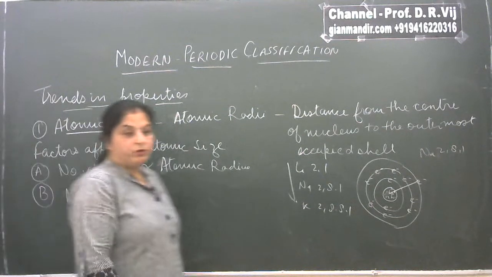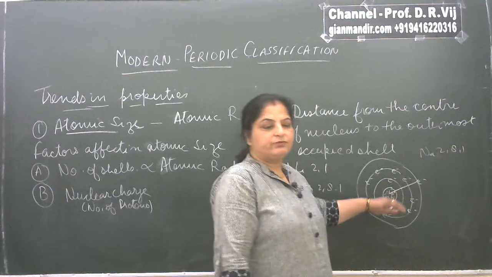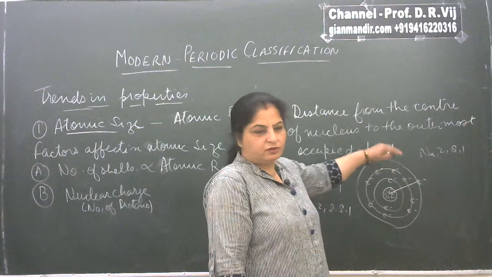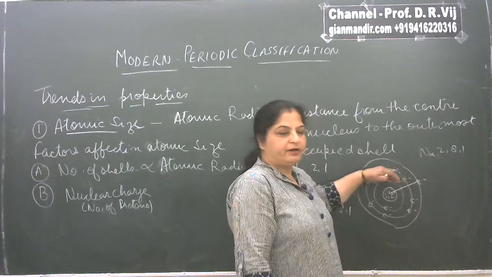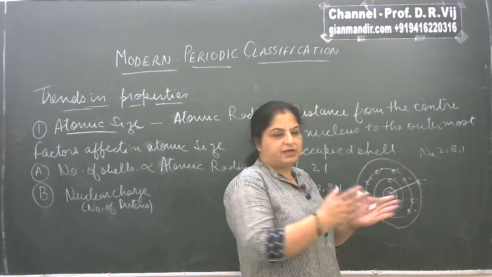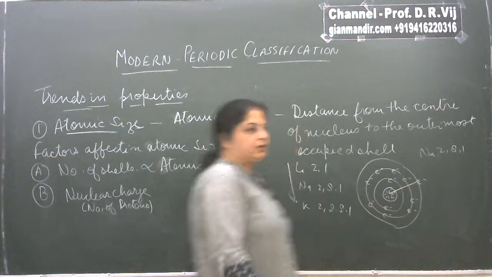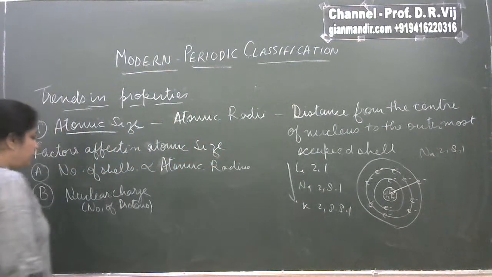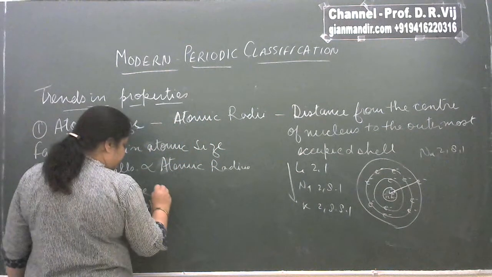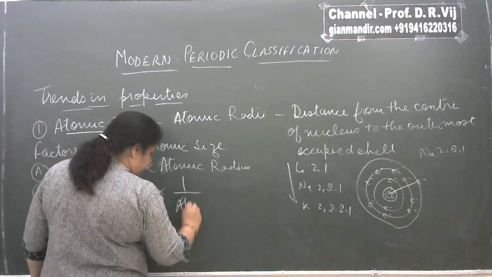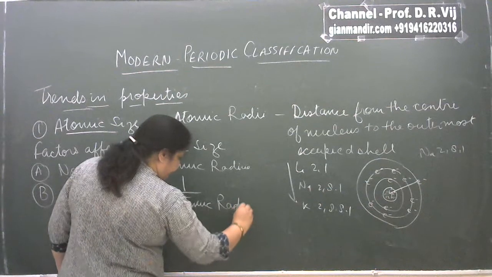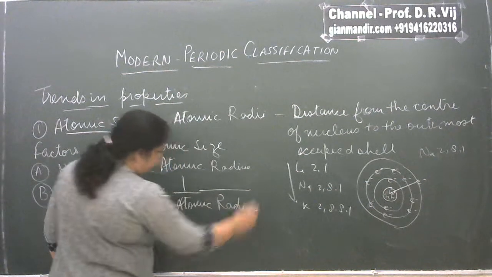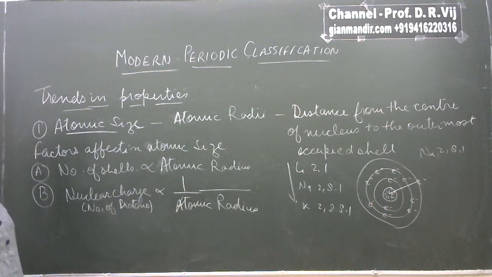Of course, more is the number of protons in the nucleus, stronger is the attractive force on the outermost electron, and these electrons will be very strongly attracted by the nucleus towards itself, and size of the atom will decrease. So here you can say that nuclear charge or number of protons is inversely proportional to atomic radius. More is the nuclear charge, smaller is the size of the atom.